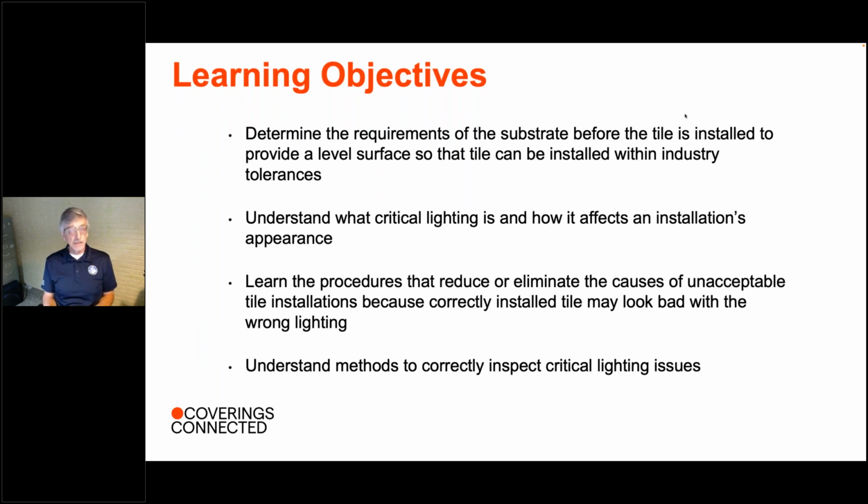Then we'll talk about some procedures to reduce or eliminate, hopefully, the effects that this critical lighting can have, or negatively have, on our finished tile installation's appearance. And I'm going to talk to you about how to properly view a finished tile installation. All important objectives that I hope to cover today.